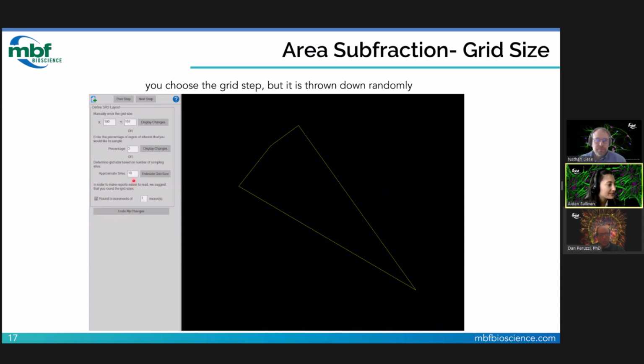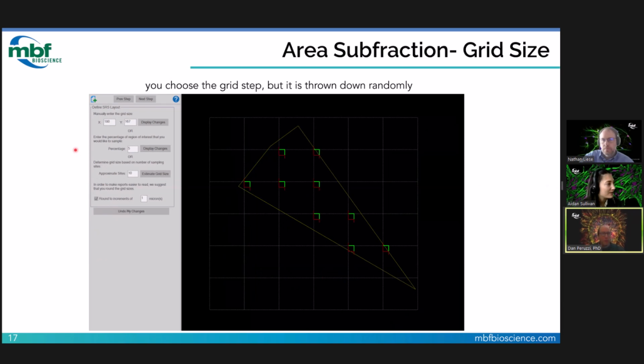So I entered 10 sites and asked it to estimate my grid size. And there is the grid size up there, right? 180 by 167. Yep, that's what it has selected to give us 10 sites on this representative section. And now you can see those sites overlaid on my region.